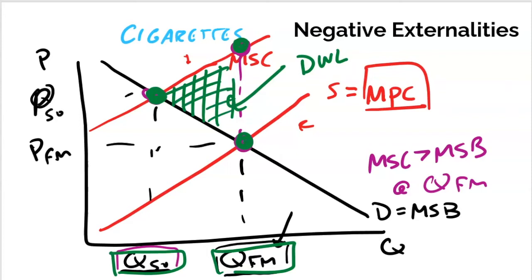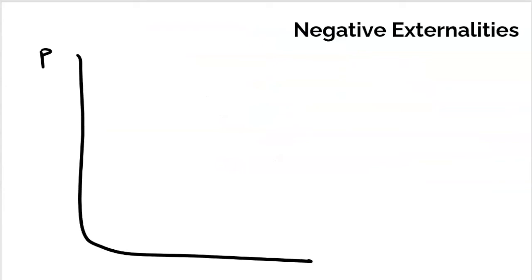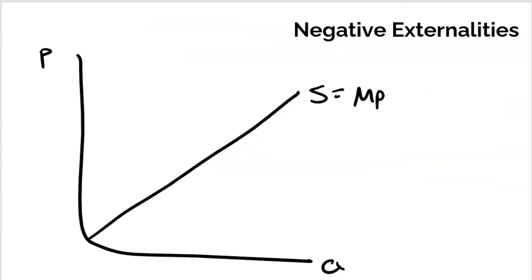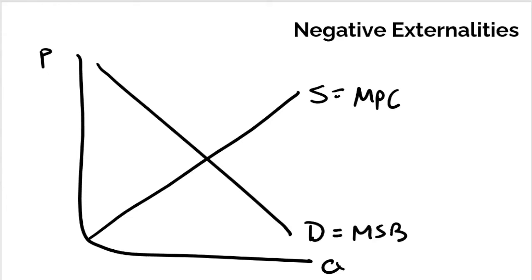Let's clean this up a little bit. So here, yet again, our price, our quantity, our supply, which is our marginal private cost, and then our downward sloping demand, which is our marginal social benefit, where it intersects is the quantity of our free market, and this is the price of our free market.